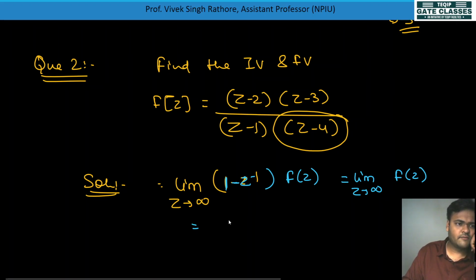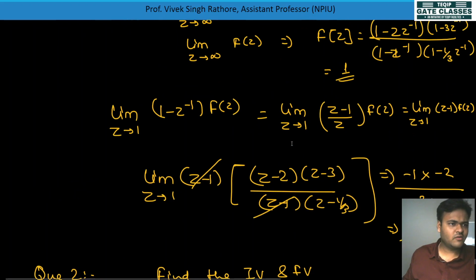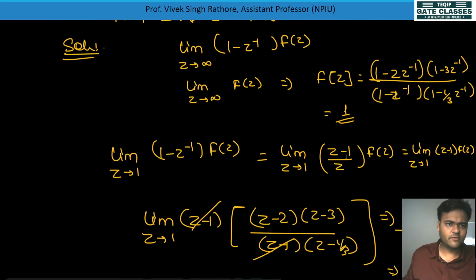What we'll get is 1 minus 2 z inverse and so on, so ultimately we'll get 1, 1, 1, 1, so the value will be 1 only. The initial value you got earlier was the same, 1 only, and here also 1.